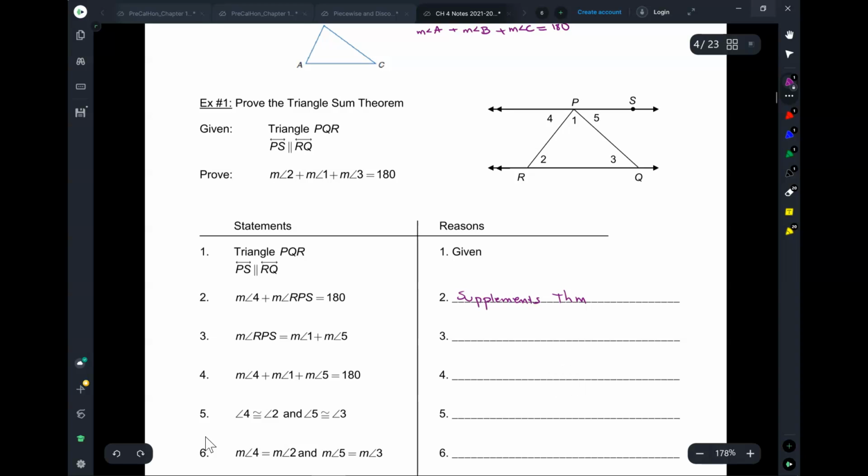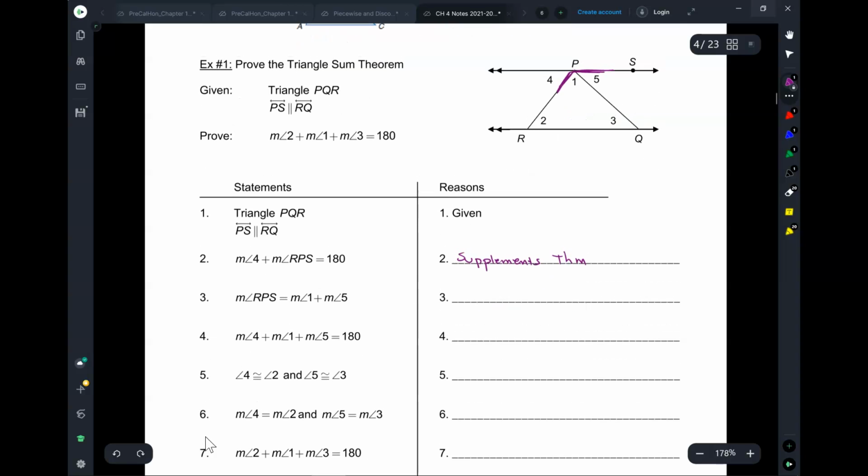Measure of angle RPS is equal to measure of angle 1 plus measure of angle 5. And what is that? Say it again. Angle addition postulate.